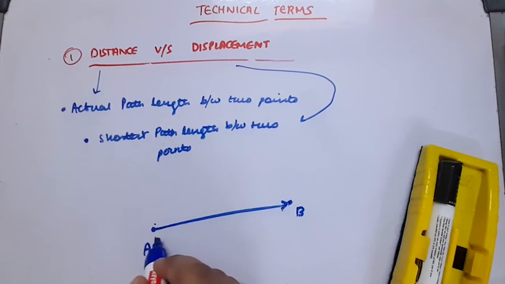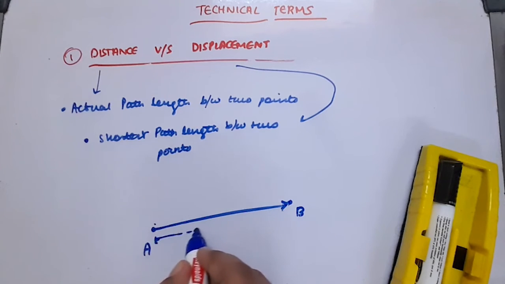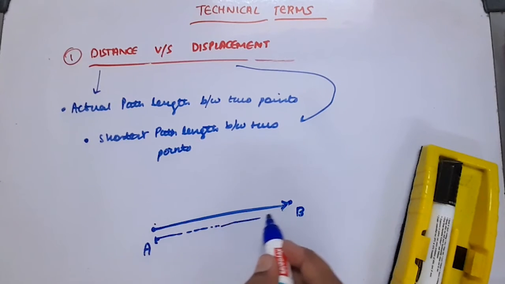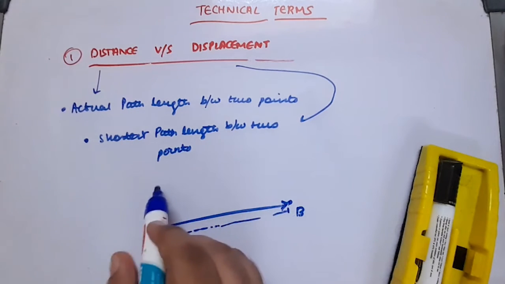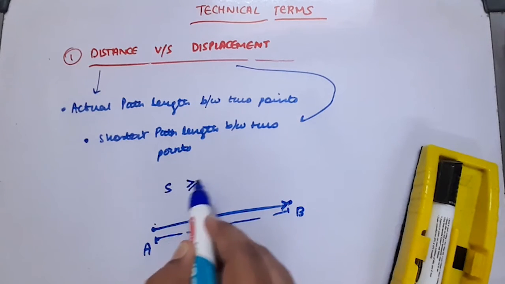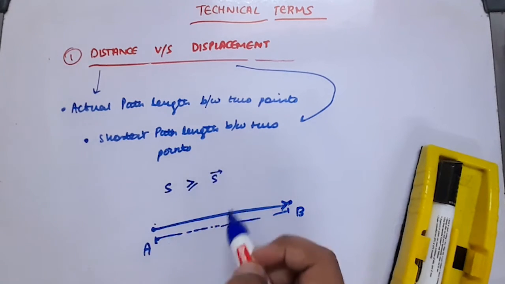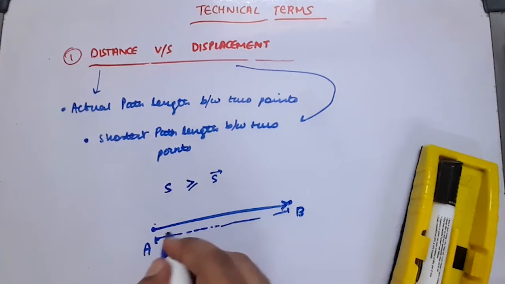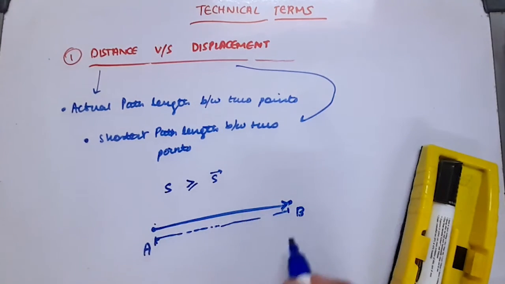So both of them will cover a distance which is equal to the displacement from point A to point B. So the magnitude of distance is always greater than or equal to the magnitude of displacement.